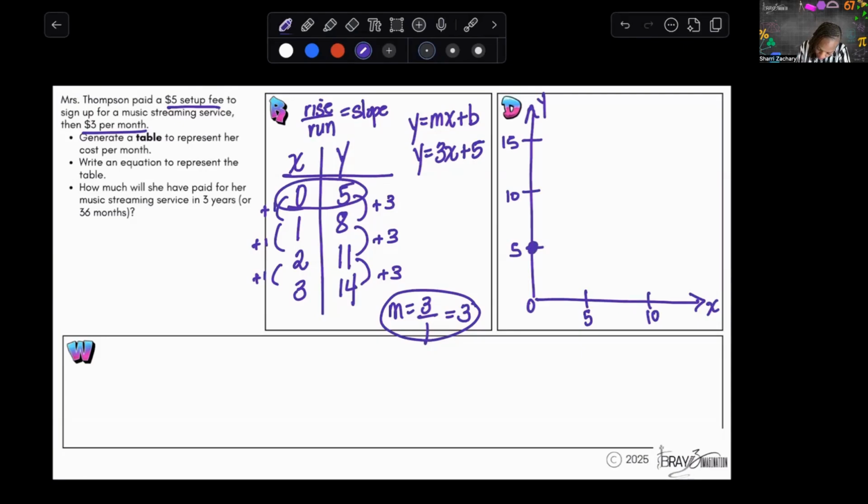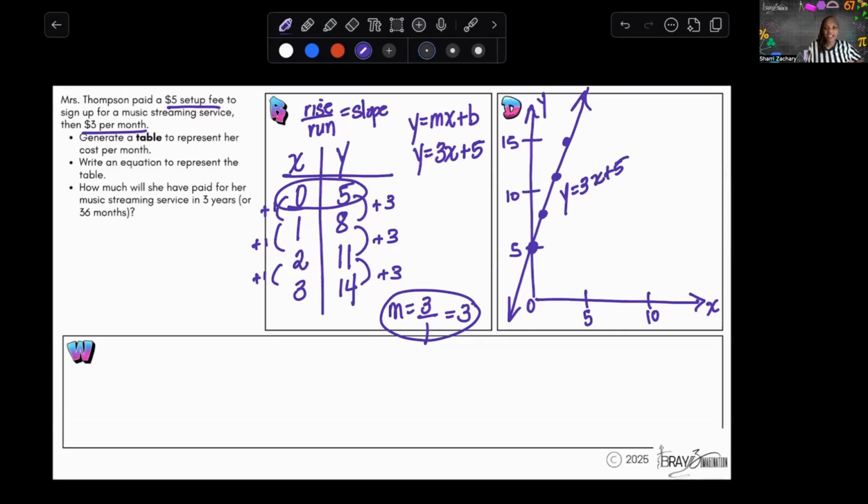I have a point at 1, 8, so I'm going to guesstimate. It's going to be right about there. I have a point at 2, 11, which will probably be right about there. And then a point at 3, 14, which will probably fall right in there. And then I draw my line to connect the dots. And so we see that a graph of this equation will look something like this.